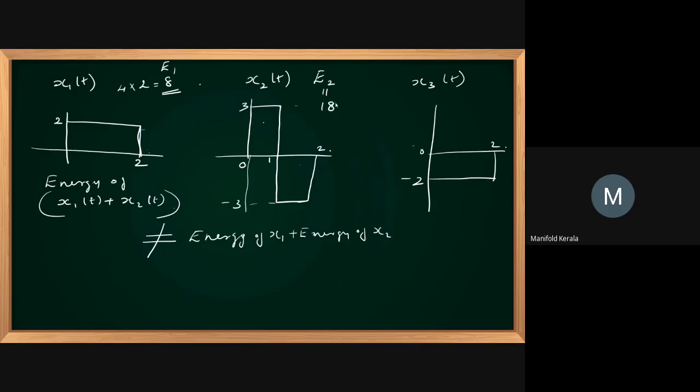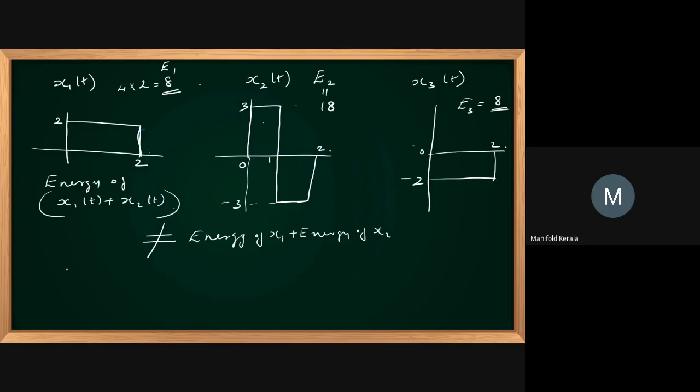Now what about the third signal? This part, energy E3 is equal to minus 2 square is 4, 4 into width 2, so the energy is 8. Now, the point is, in general, energy of H1 plus H2 is not equal to energy of H1 plus energy of H2.